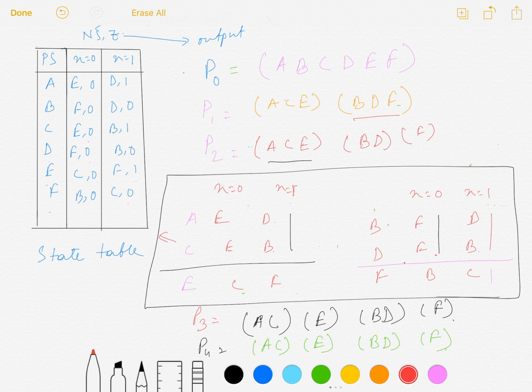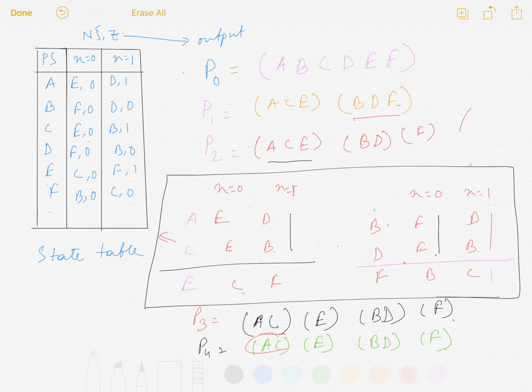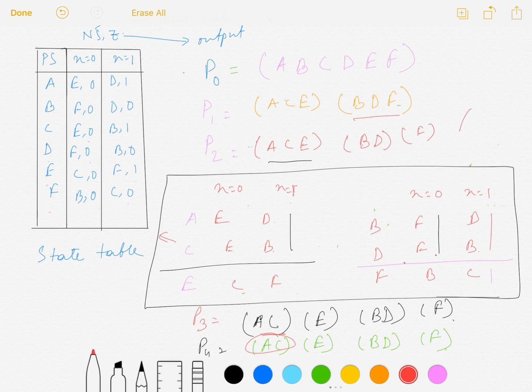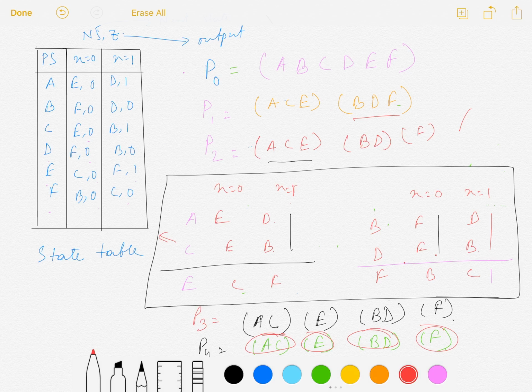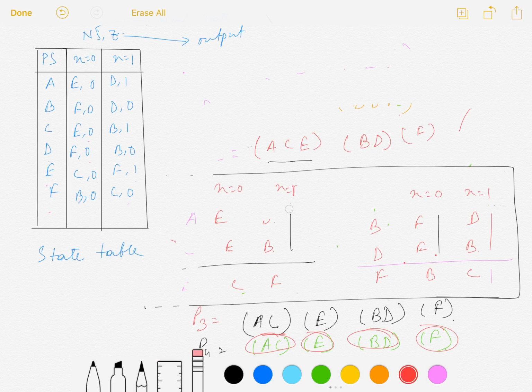AC must be considered as a single state. E must be considered as a single state. BD must be considered as a single state, F must be considered as a single state. Now, what will I do? Now, I will create the equivalent partition, equivalent reduced table.